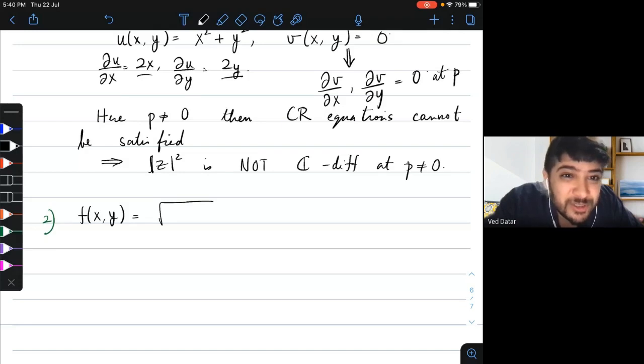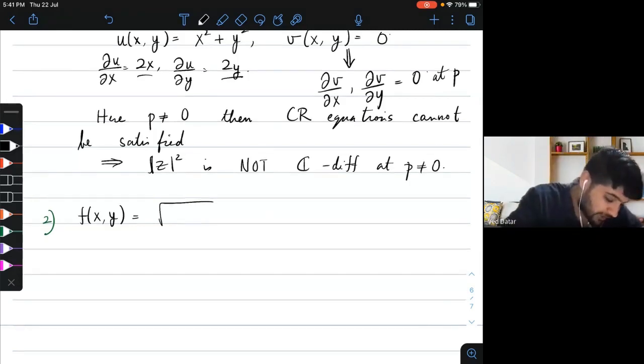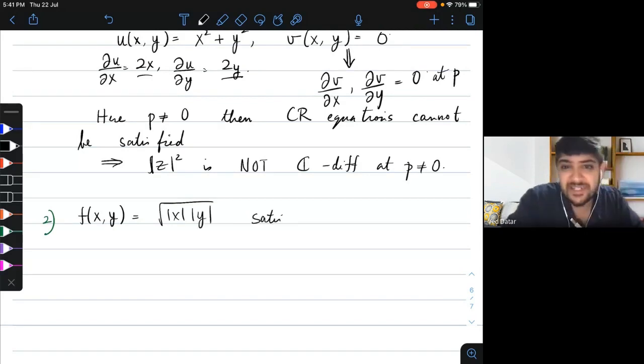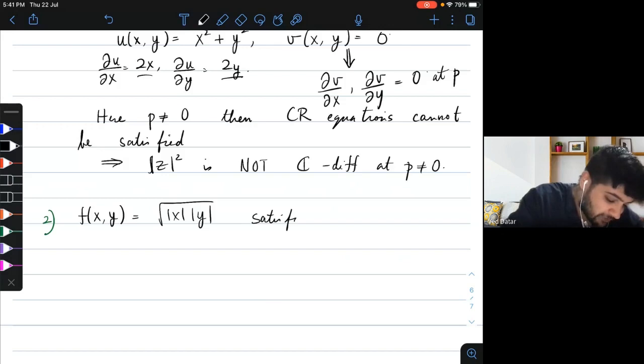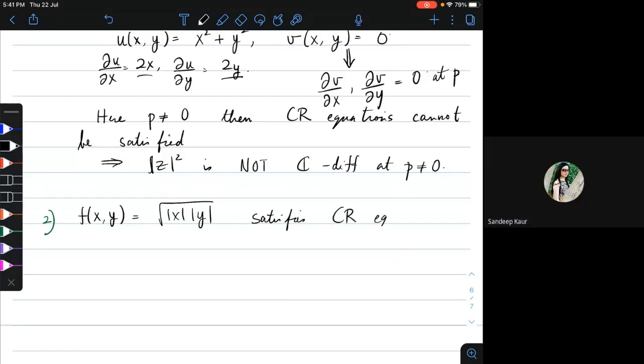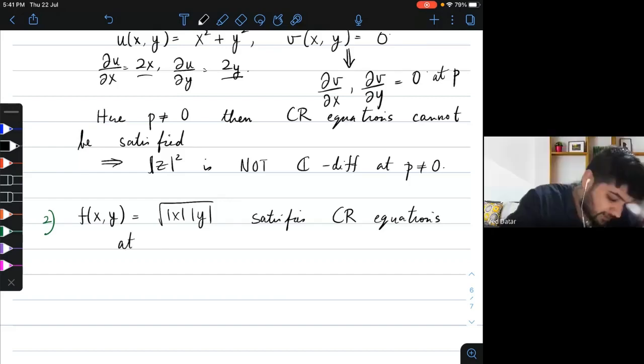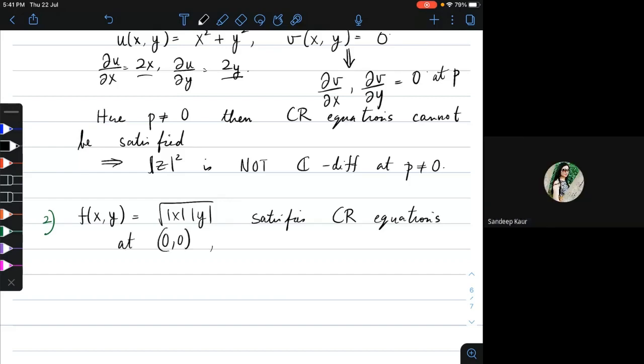Let me just make sure that I have the function correct. So if you look at this function, then this actually satisfies the Cauchy-Riemann equations at the origin.